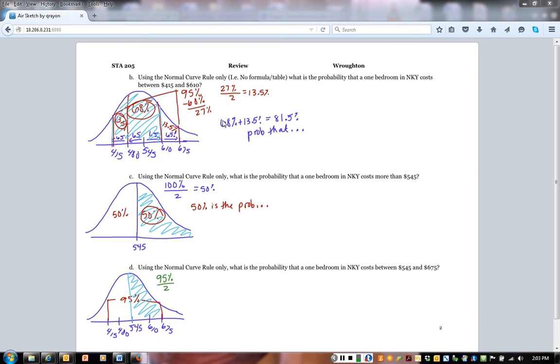It's got to be equal because it's symmetric. So to get that 95%, there's 47.5% here and 47.5% here. So our answer would be a 47.5% probability that a one bedroom in northern Kentucky costs between $545 and $675.